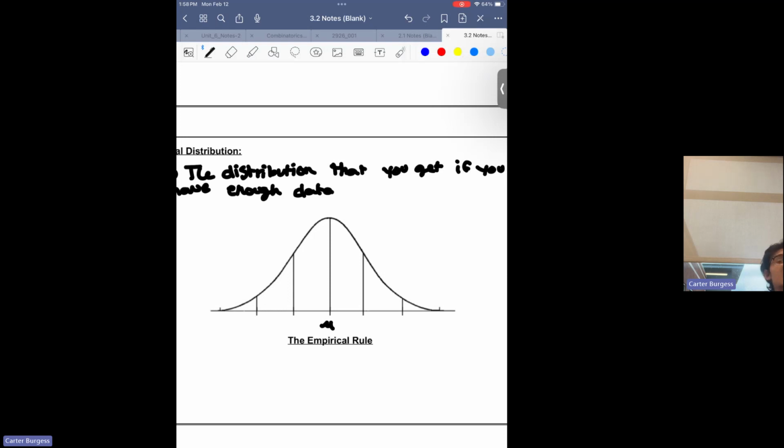So for instance, this first line on the right here is going to be 1 standard deviation to the right. The second line here will be 2 standard deviations to the right. The third line here, 3 standard deviations to the right. Likewise, 1 standard deviation to the left, 2 standard deviations to the left, 3 standard deviations to the left. And you can have more. It would continue to go out.